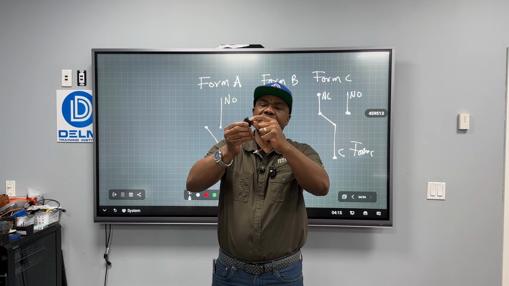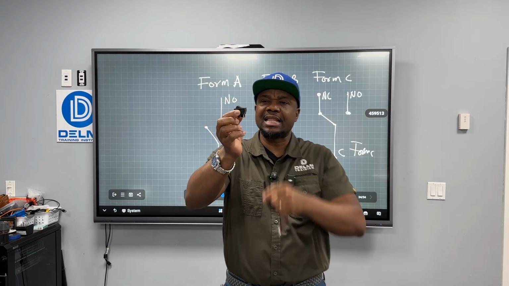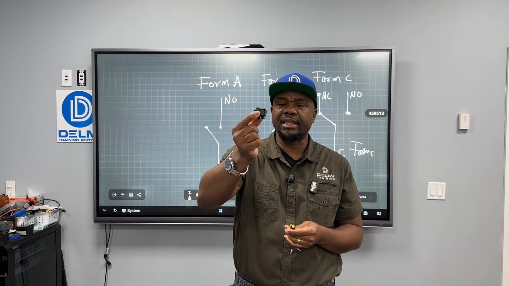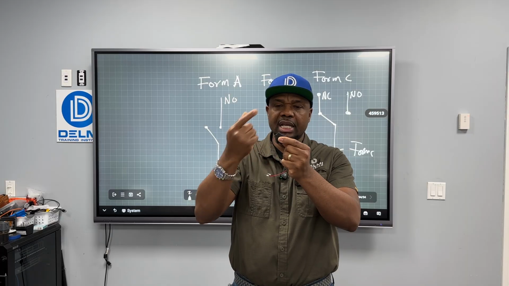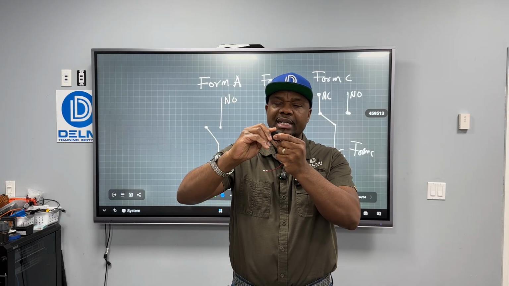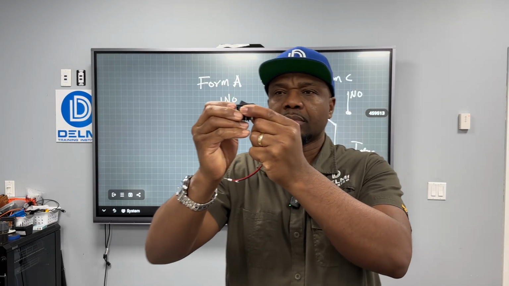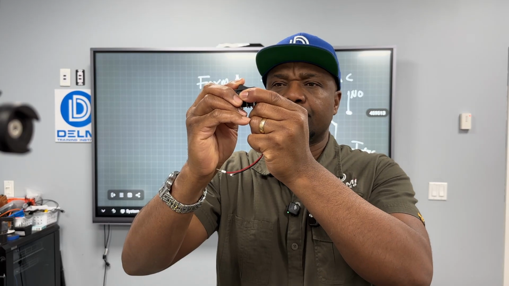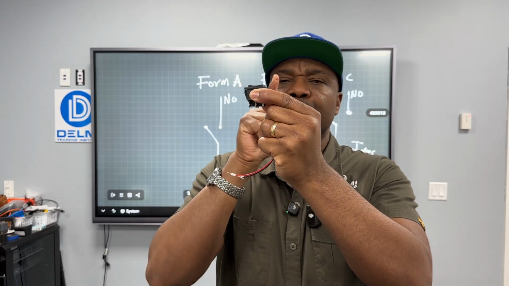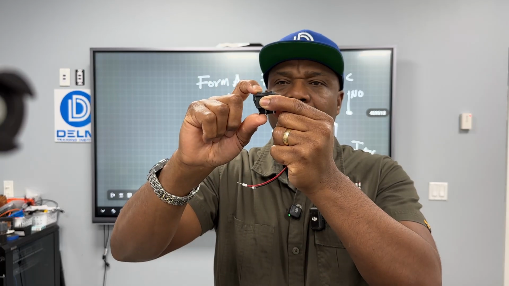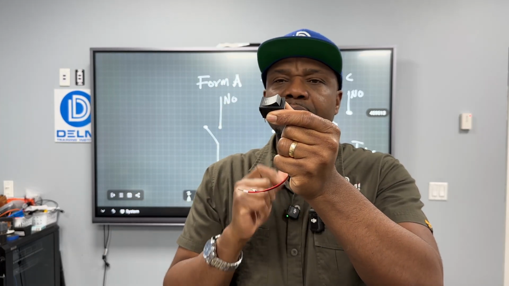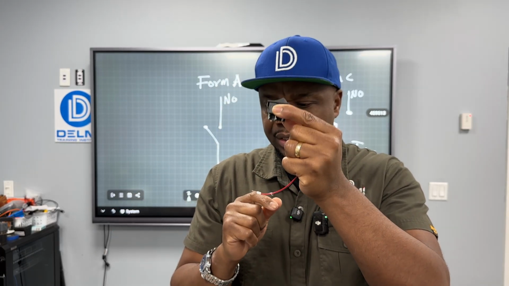When I press here and hold it, it stays in that position for as long as it is. If I want to change the position, I have to manually toggle it, like these ones. I have to toggle it, and it's going to stay in that state. And if I want to change the state again, I have to press it. So these are maintained switches.